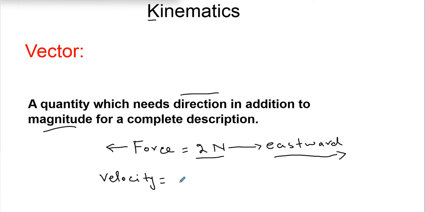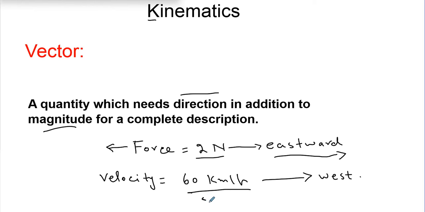For example, I give you some information that I am heading towards west with a speed of 60 kilometers per hour, in the west direction. So this is velocity.